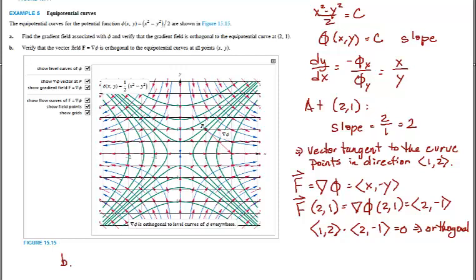We said we had this vector y, x, and the dot product with x, minus y, which is our gradient field, is 0, therefore it is orthogonal to the equipotential curves at all points. And that concludes this section.